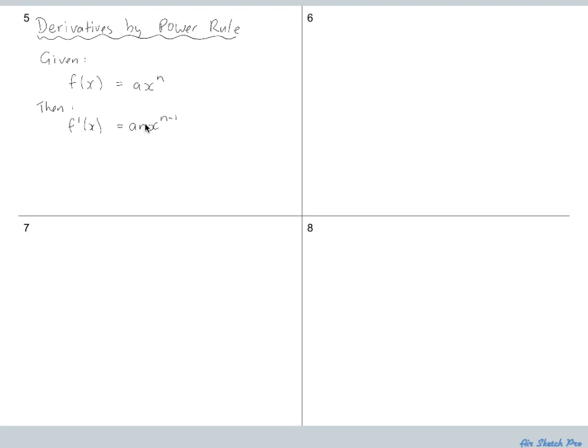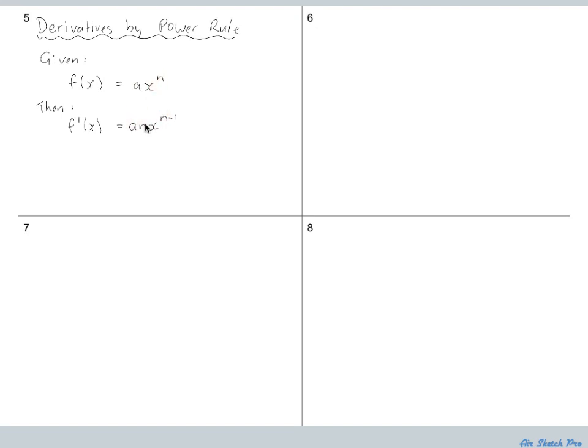Now, I'll give you some examples so you can see it in practice. But that's basically it. If you have a power function, then all you do to work out the gradient function or the derivative is to bring the power down here.